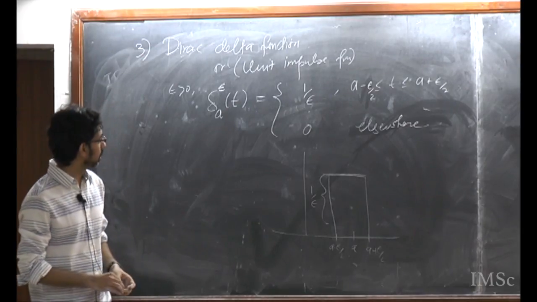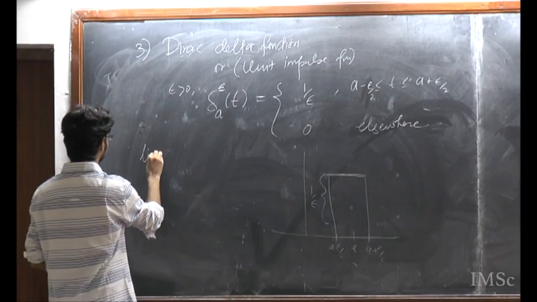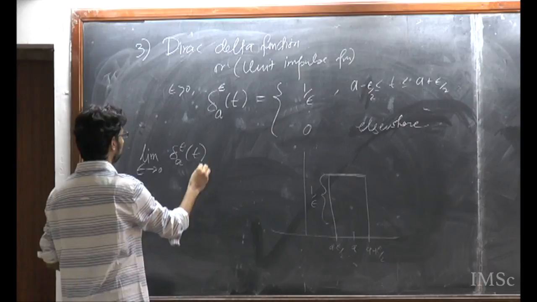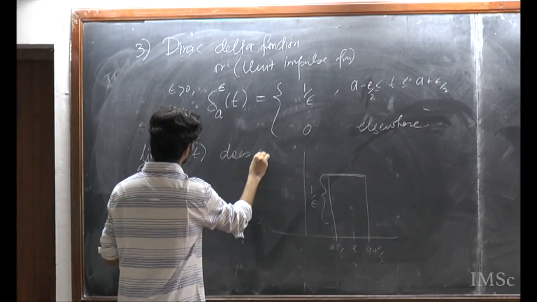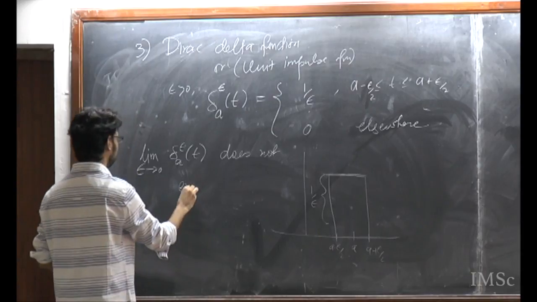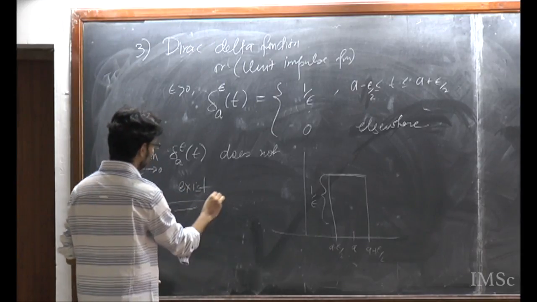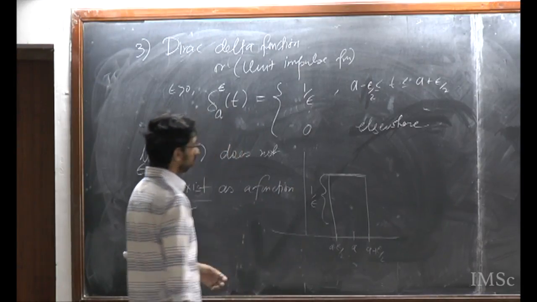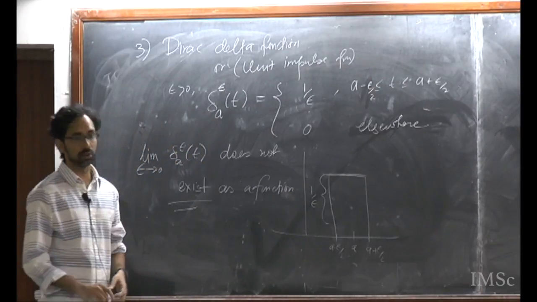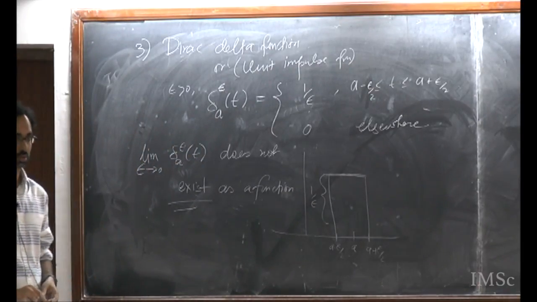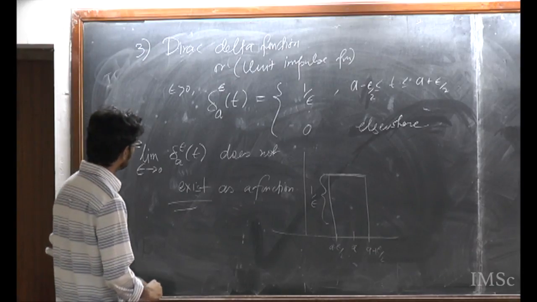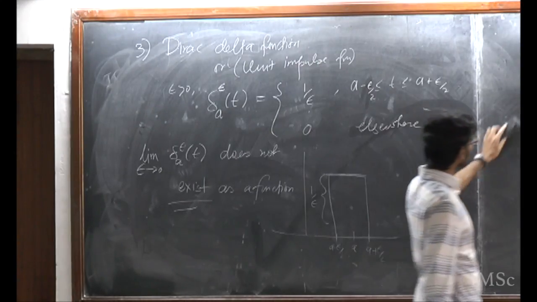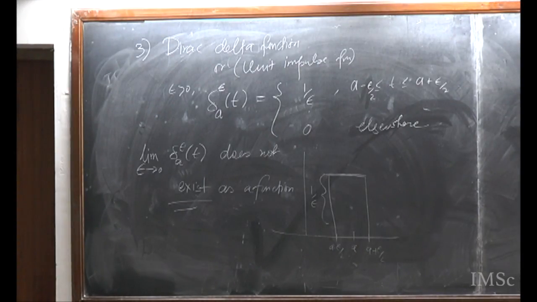So the limit as epsilon goes to 0 of delta a epsilon t does not exist as a function. Even though we call it a Dirac delta function or a unit impulse function, it is not a function. Nevertheless it is very useful in solving differential equations, and you will see why.